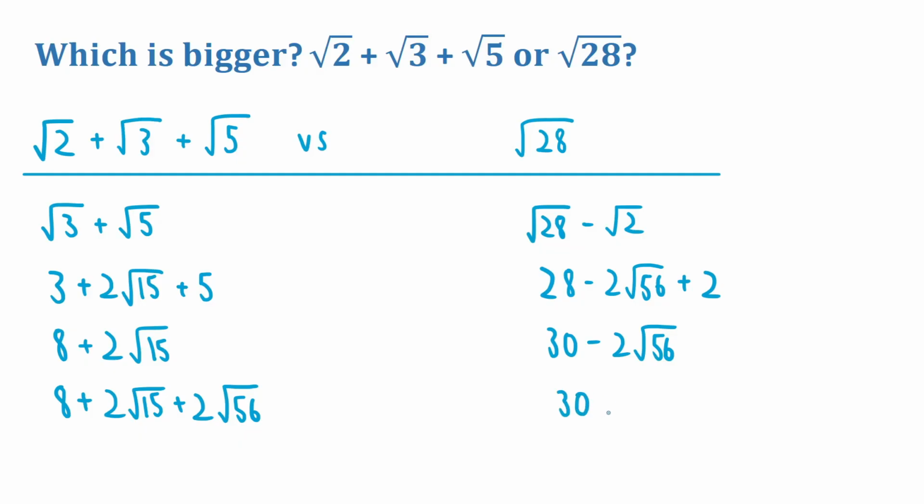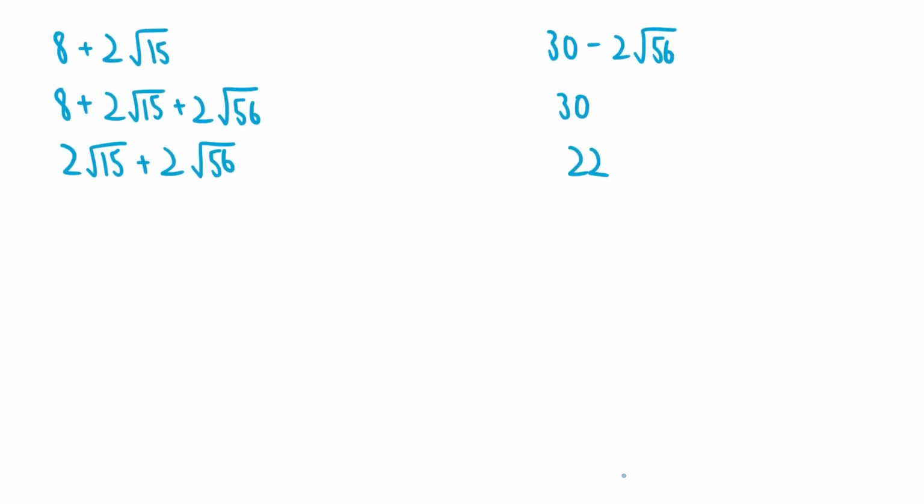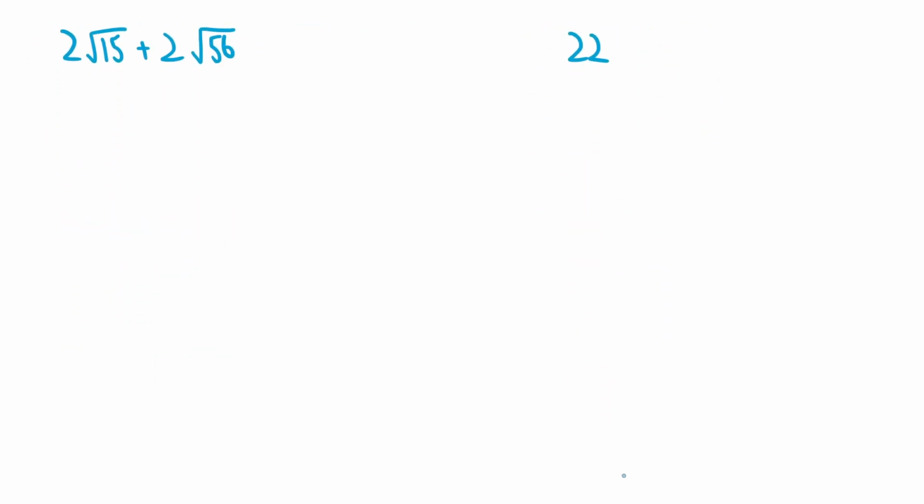We can also subtract the 8 on both sides, so then the left-hand side becomes 2 square root of 15 plus 2 square root of 56, and 30 minus 8 is just 22, so the right-hand side becomes 22. We can clean this up a little by dividing both sides of the inequality by 2, which results in square root of 15 plus square root of 56 on the left-hand side and 11 on the right-hand side. This doesn't change the direction of the inequality because we're dividing by 2, which is a positive number.